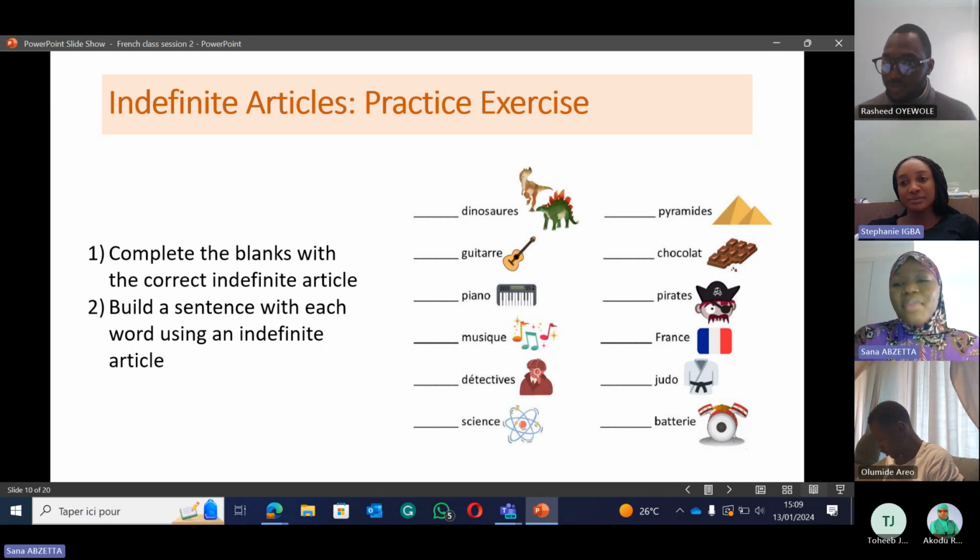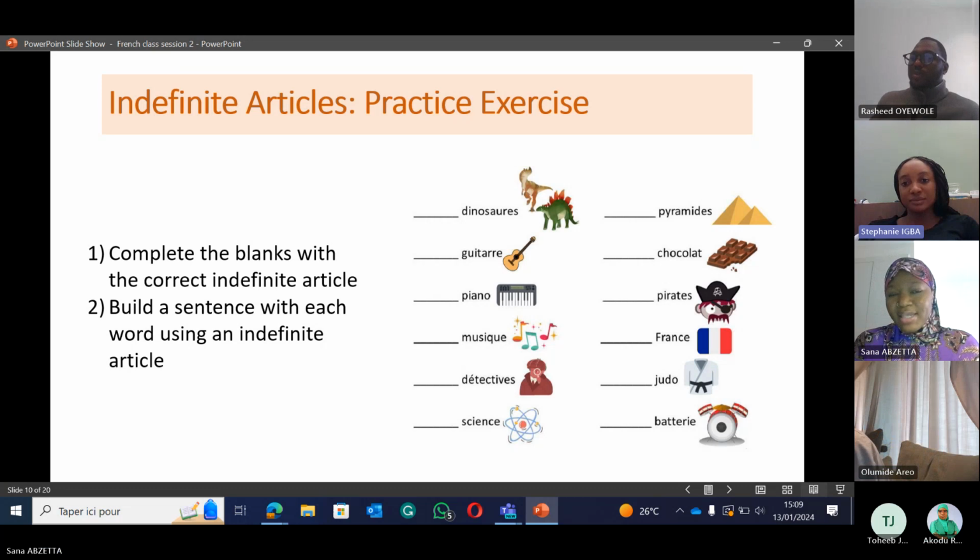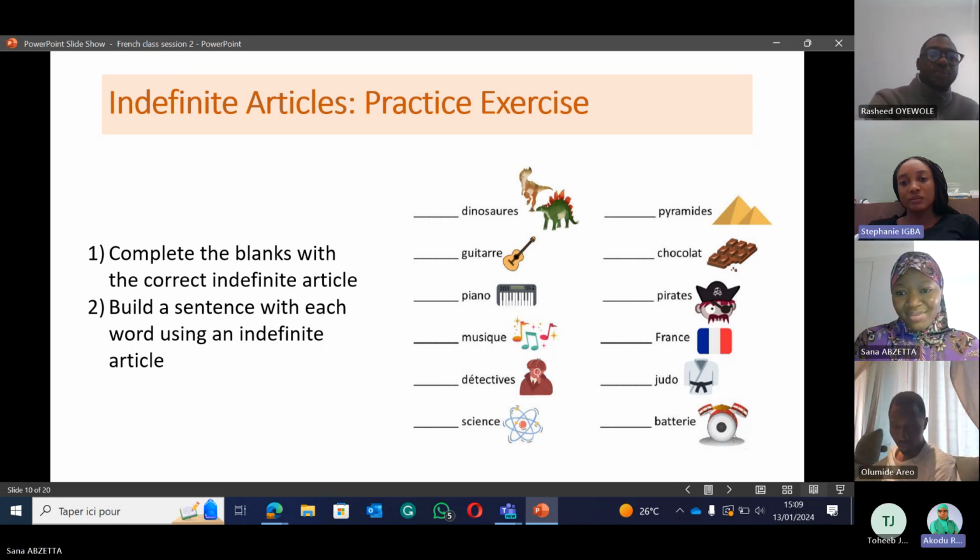Pyramid is indeed a feminine word. So if we were to talk about a singular pyramid, we'd just say une pyramide. But since there is an S at the end, this means that it's plural. So the right article would be des pyramides. Okay.